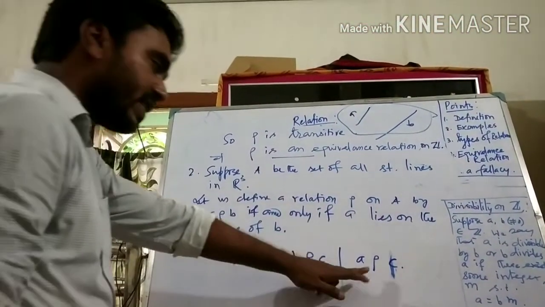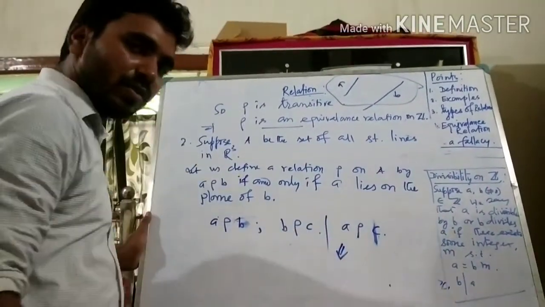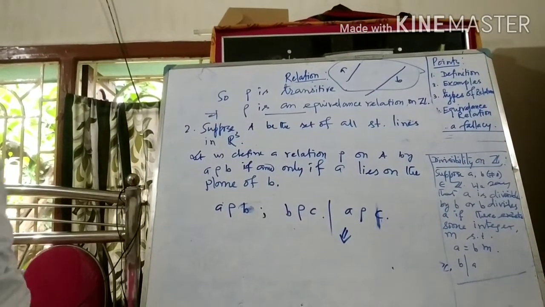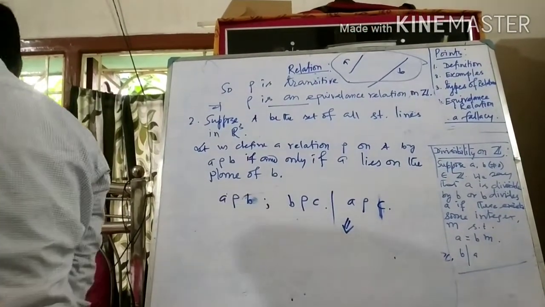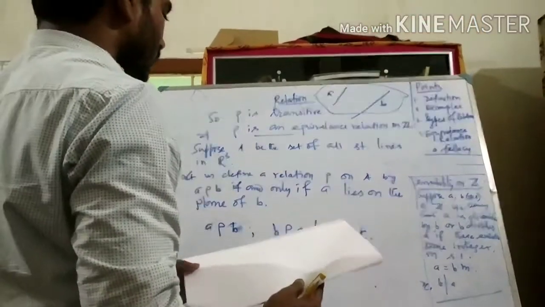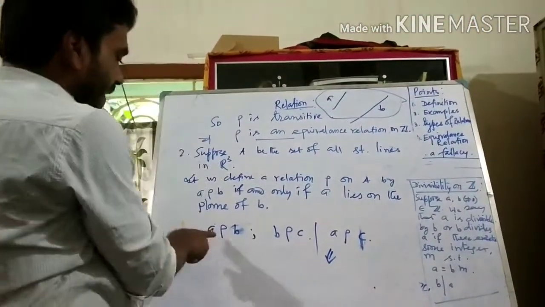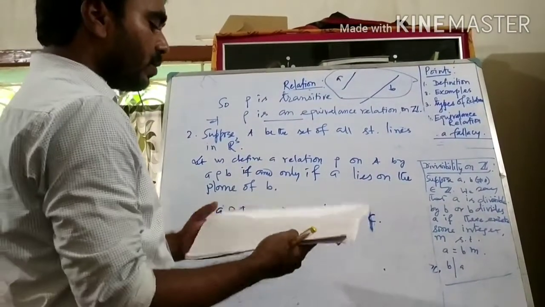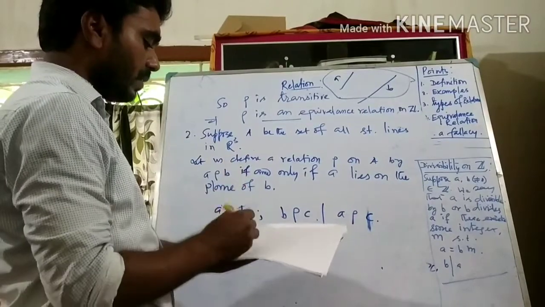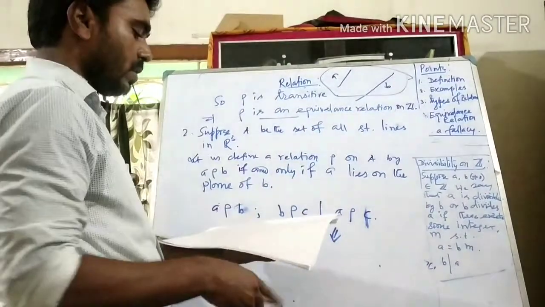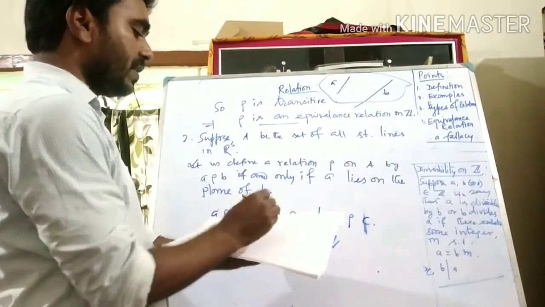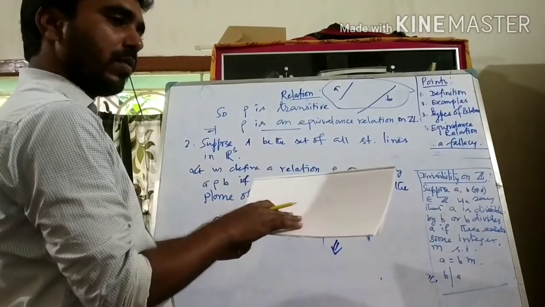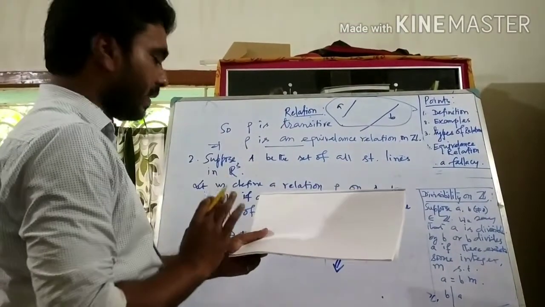Okay, but this in general does not hold, as we can see. It says that A lies on the plane of B. Suppose this is the straight line B that is contained in this plane.